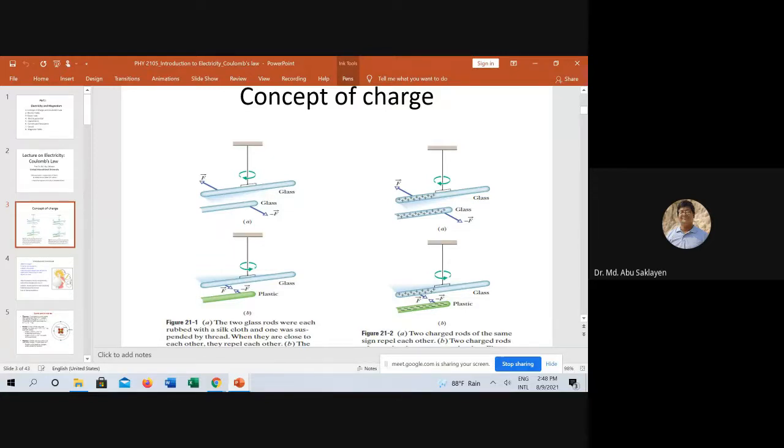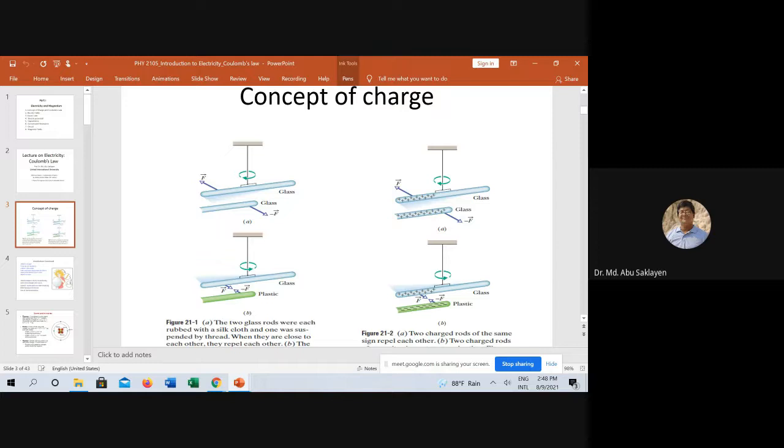During rubbing, electrons transfer from one object to another object. Protons have no role in charging an object because they are inside the nucleus. It is not possible to transfer them from one object to another.